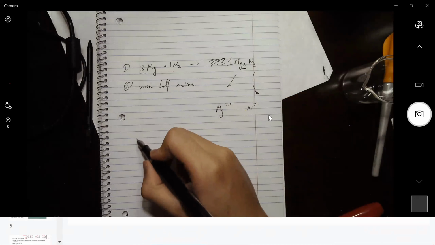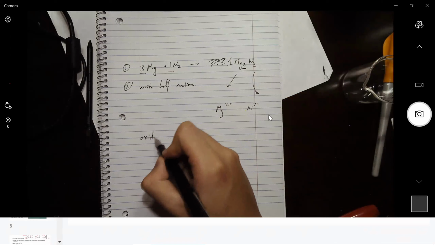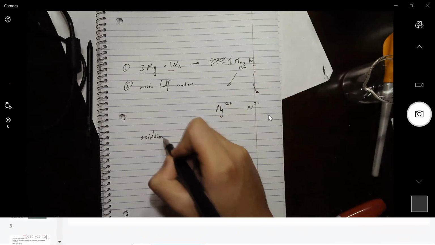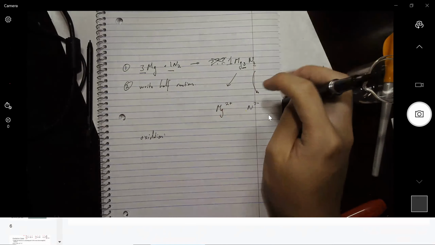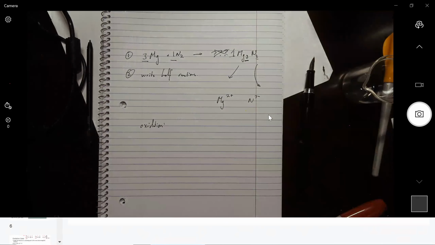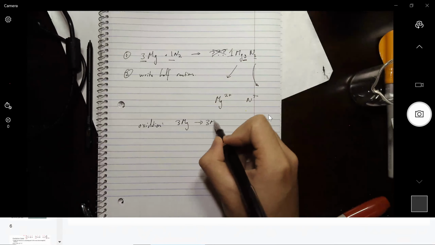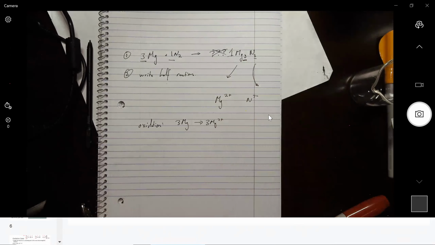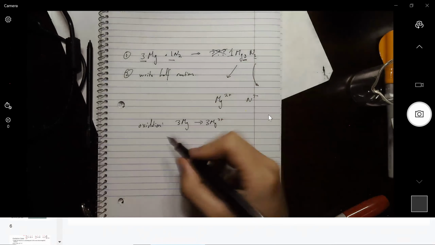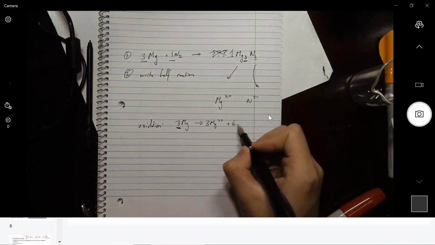So can you tell me what the oxidation half reaction is? It's very fun. So we have 3 magnesiums go to 3 Mg2+. However, since we have this 3 here, you need to multiply 3 by 2, so we have 6 electrons.